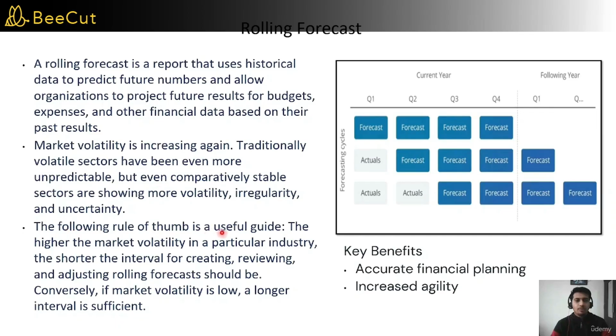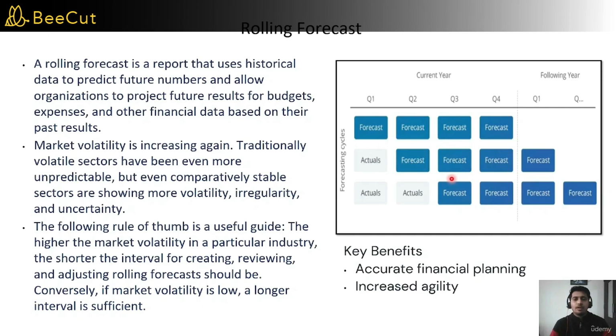Now let me tell you a thumb rule while using this. The higher the market volatility in the industry you are in, the shorter the interval for creating, reviewing and adjusting the rolling forecast. Here I have taken a quarterly forecast, so every quarter I am reviewing and rolling my forecast.